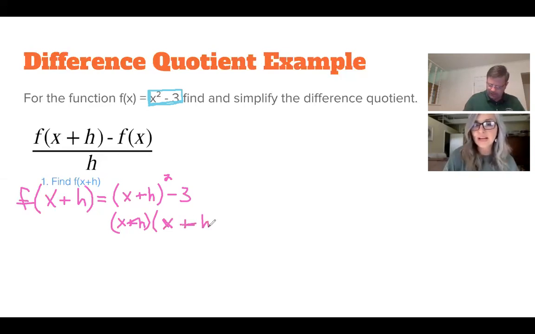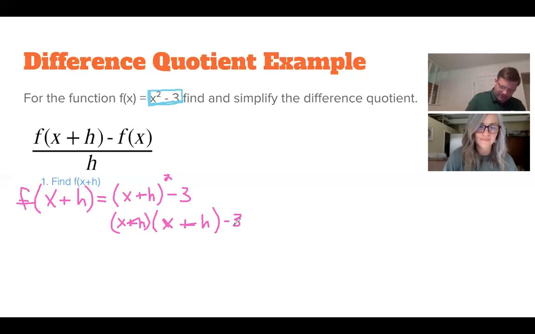You're going to get it wrong if you just try to square x and h. So I would get x times x, x times h, h times x, and h times h.